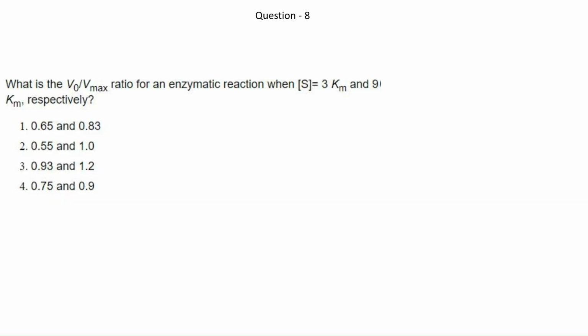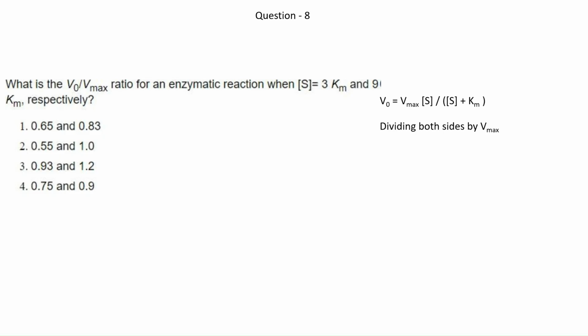What is the V0 by Vmax ratio for an enzymatic reaction when substrate concentration is 3 times Km and 9 times Km respectively? So as we saw in one of the earlier questions, the equation for reaction velocity is Vmax into substrate concentration divided by substrate concentration plus Michaelis constant.